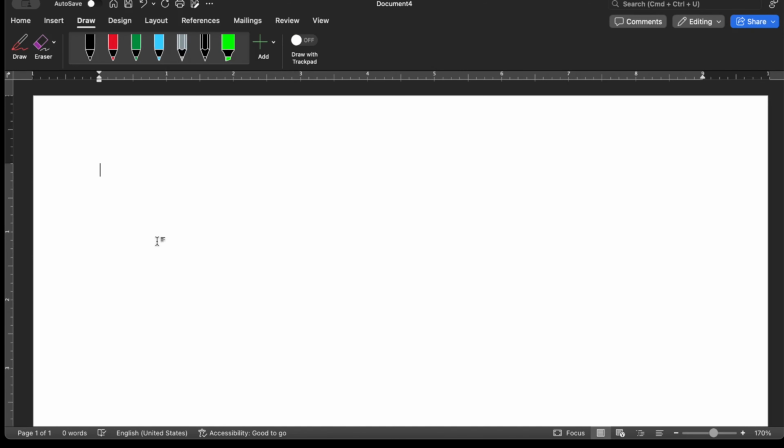Page 96, summative assessment number 1. It says a hollow shaft transmits that power. We are having a hollow shaft.